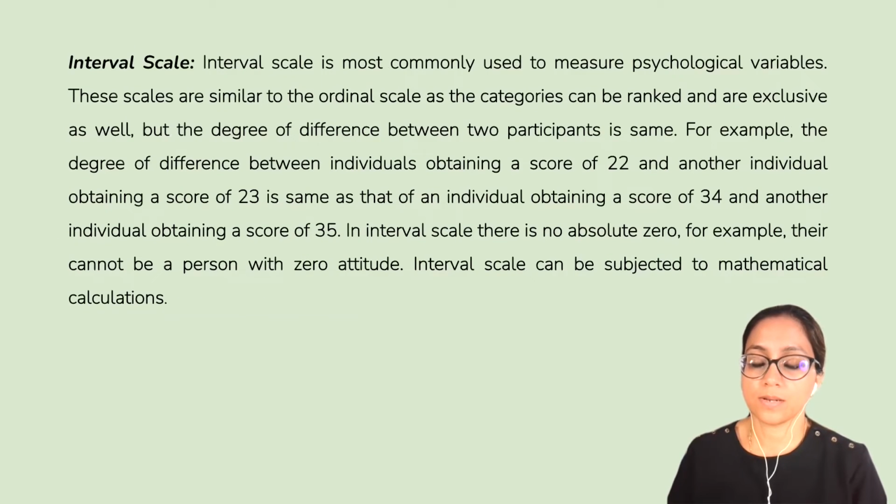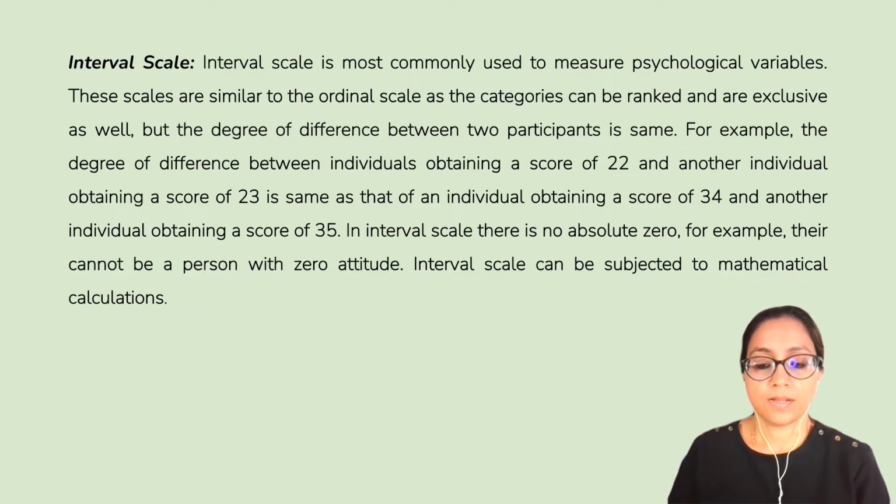Coming to the interval scale. Interval scale is the most commonly used to measure psychological variables. These scales are similar to the ordinal scale as the categories can be ranked and are exclusive as well. But the degree of difference between two participants is the same.